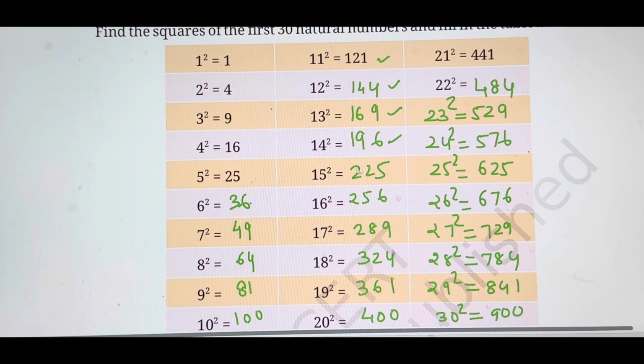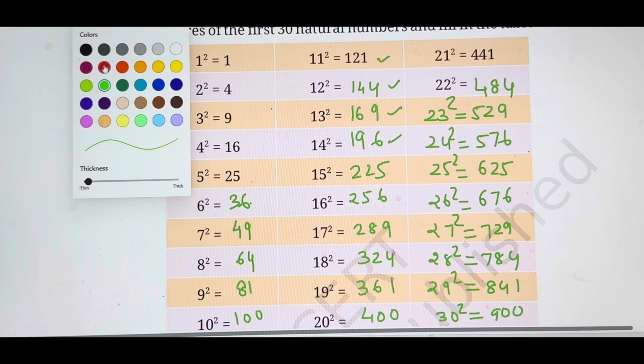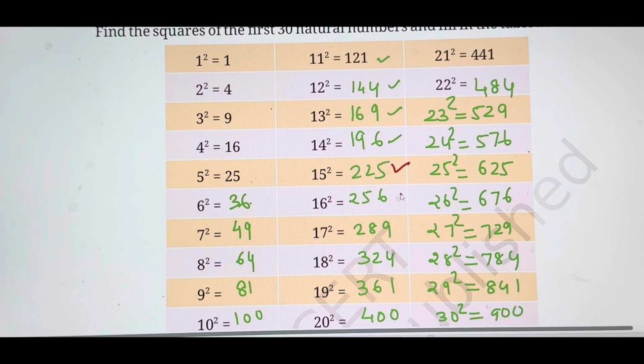Then between 200 and 300, there are only 3. 1, 2, 3. Then between 300 and 400, 1, 2, 3. So 10, then comes 4, then 3, then again 3.